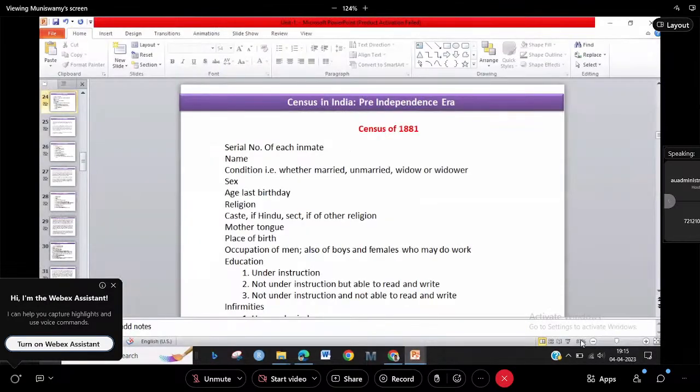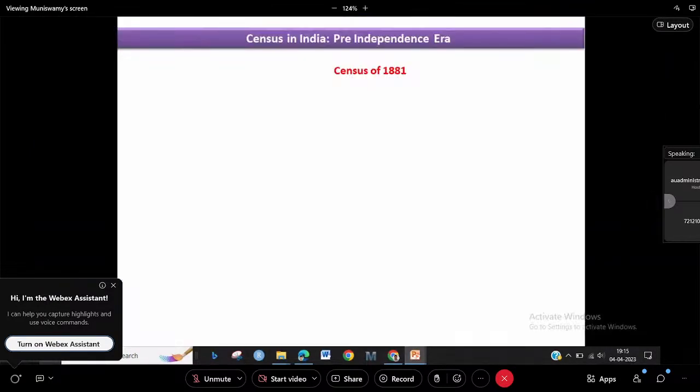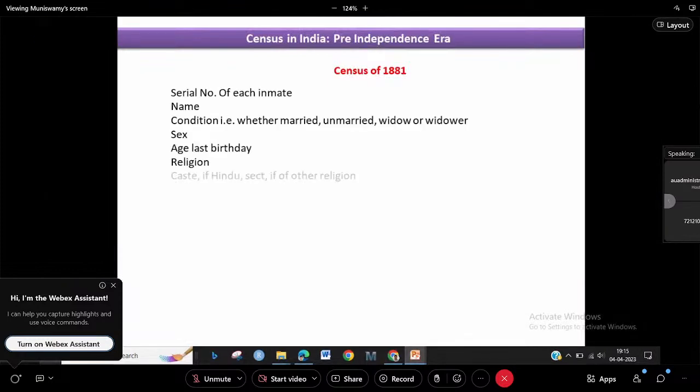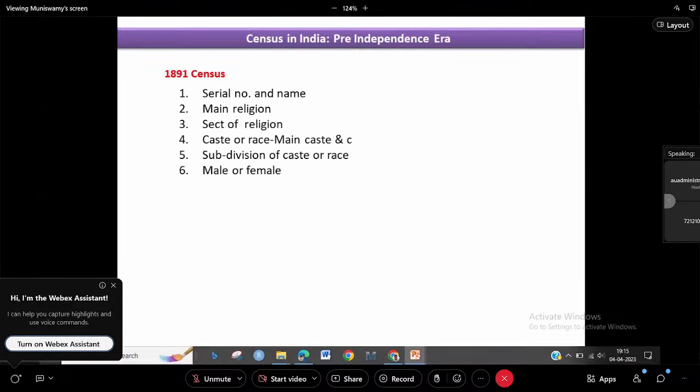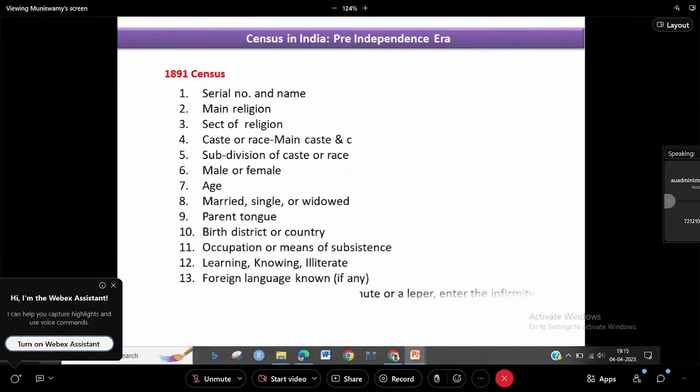You see, survey to survey there are a few questions. In 1881, now in 1991, based on these questions the researchers are investigating. It requires all types of researchers, not only science.